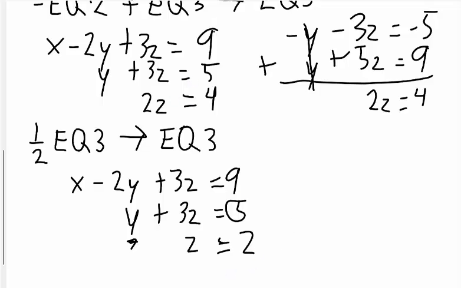Now, I'm not going to take this one any farther, and there's a reason. This is the same system we solved in example 1. So we know the answer. We've seen the answer.